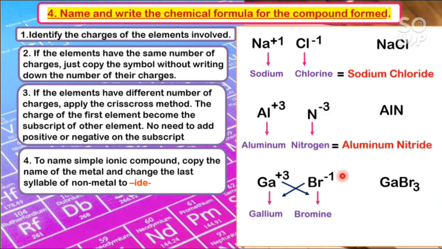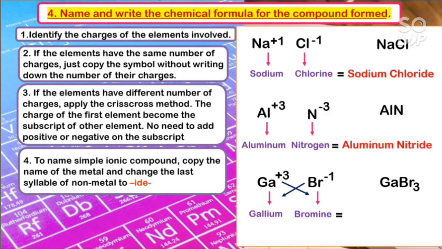And since it is 1, I do not write 1 here because it is understood that it is 1. If there's no number written there, it means it is 1. So that is what we call the crisscross method. You just have to exchange the numbers of the charges to the subscript of the other element. I hope it is clear to you.